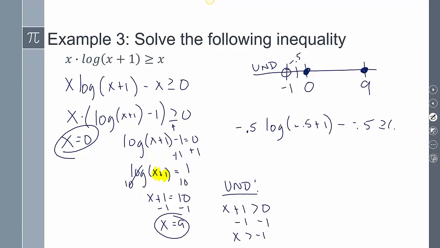Is that greater than or equal to 0? Plugging that into my calculator, negative 0.5 times log of negative 0.5 plus 1, close parentheses, and then minus negative 0.5. That's going to give me a positive.